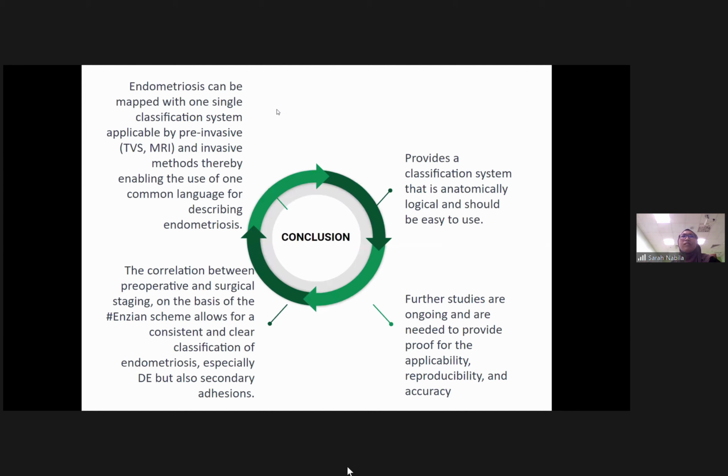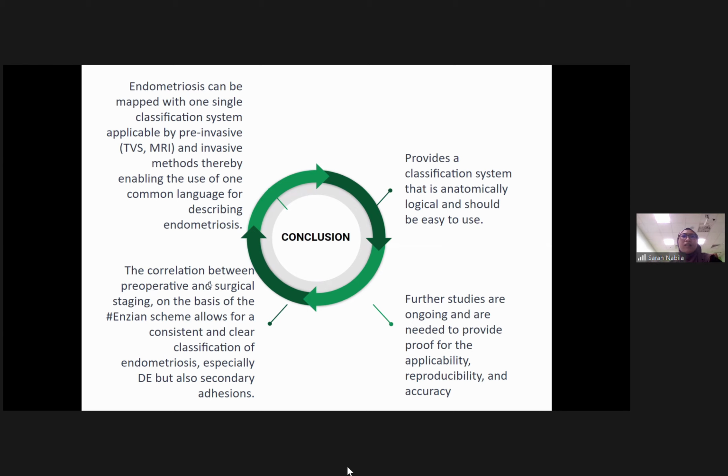So actually, this ENZIAN classification provides a classification that is anatomically logical and should be easy to use. And then there is a need for further studies to provide proof of applicability, reproducibility, and accuracy.